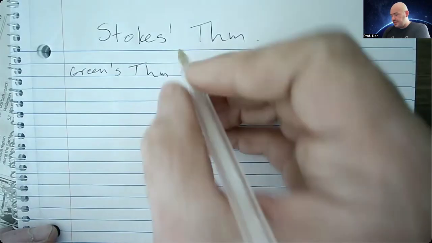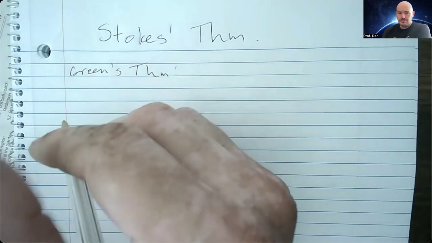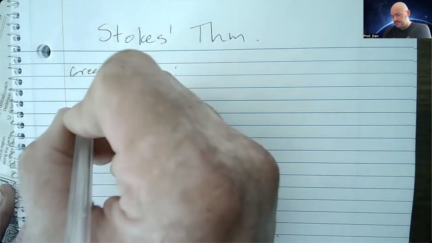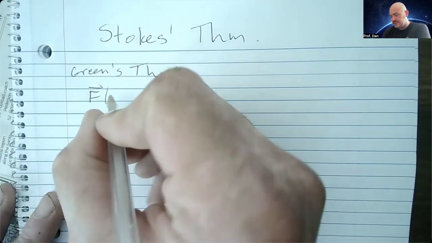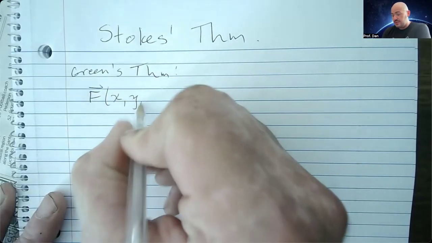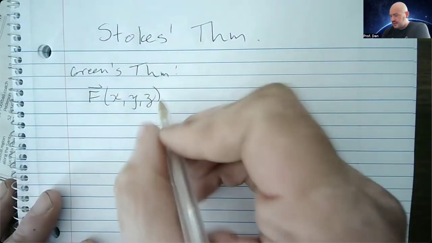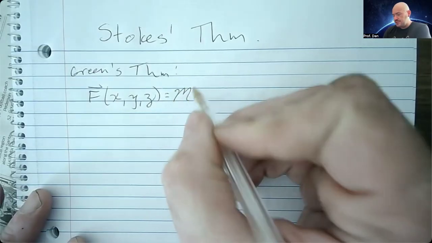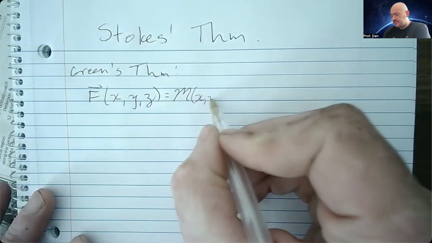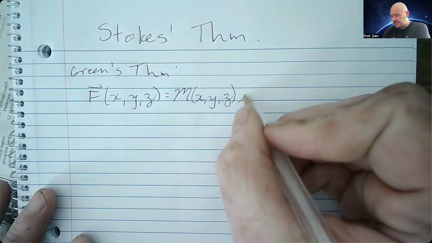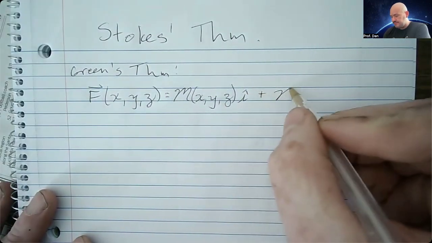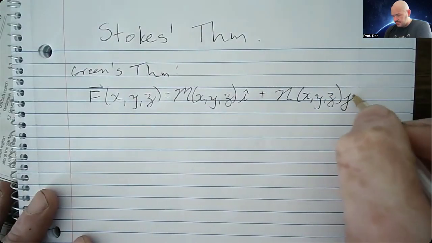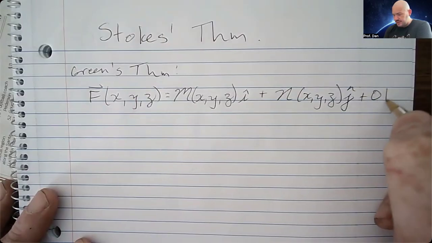All right, so for this version, let's say that basically we can write any two-dimensional vector. So if I have a vector field in 2 dimensions, even if there are three variables, because we are going to extend this to that, I know that I can always write a two-dimensional vector field like so, plus 0k.